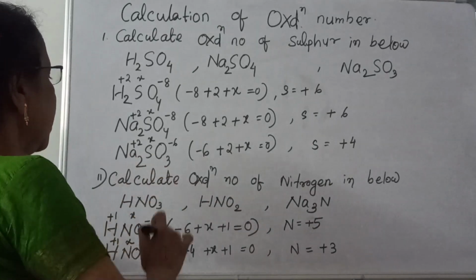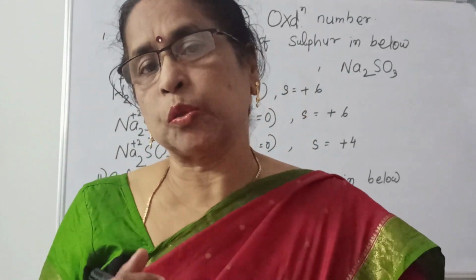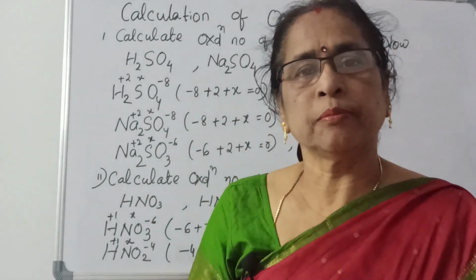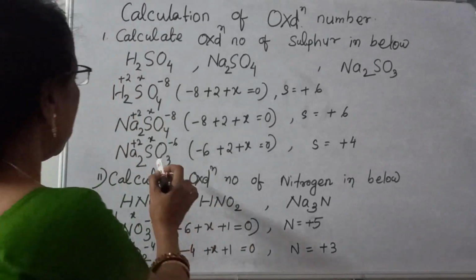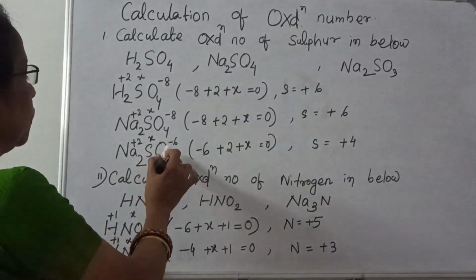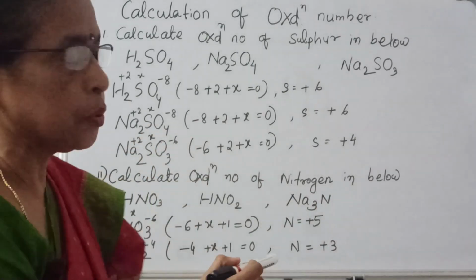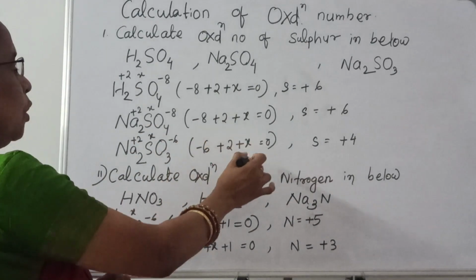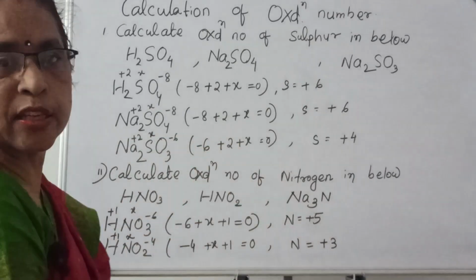Similarly, Na2SO3. What is Na2SO3? Na2SO3 means sodium sulfite. Here see oxygen 3, 3 into 2, minus 6, and Na2, plus 1 into 2, plus 2. So according to the rule, minus 6 plus 2 plus x, that is equal to 0.